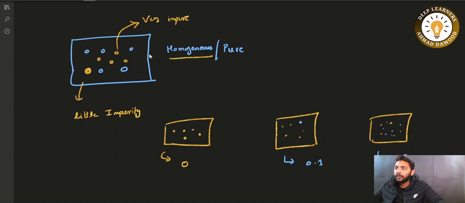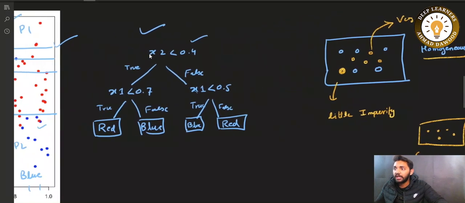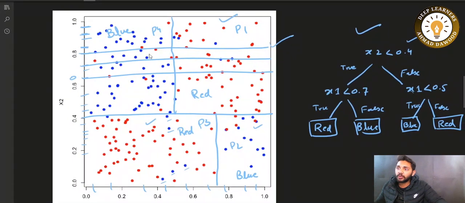So there are impurity measures that give a numerical value explaining the impurity in the set. We will learn those impurity measures in the next session, but for now you can get an idea.